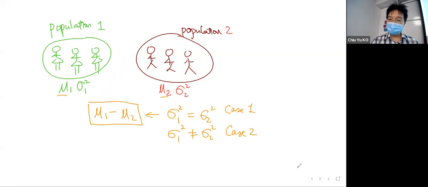Now the next scenario is that there may be some connection between the two populations. The case would be like this: girl number 1 actually has a boyfriend, which is boy number 1.